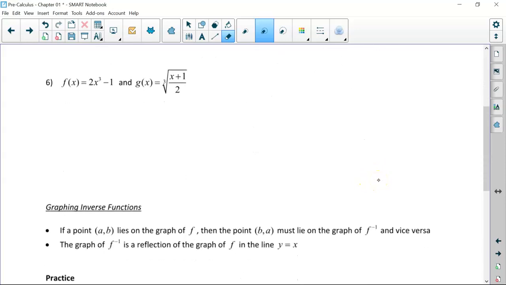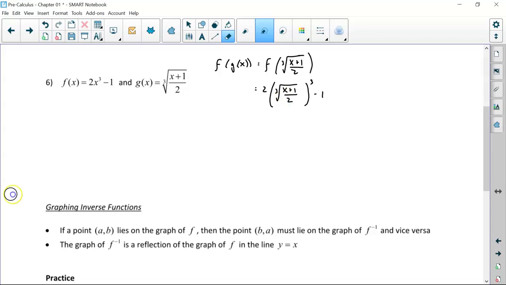Number 6, same thing. F of g of x has to equal x. So for f of g of x, we're going to have f of the cube root of x plus 1 over 2. So it's 2 times, leave that blank, minus 1, and remember we're substituting the cube root of x plus 1 over 2.